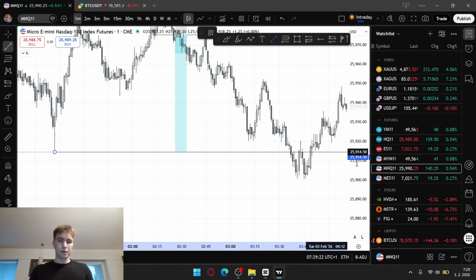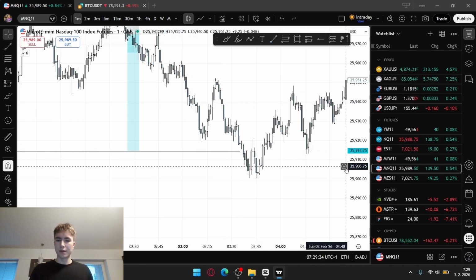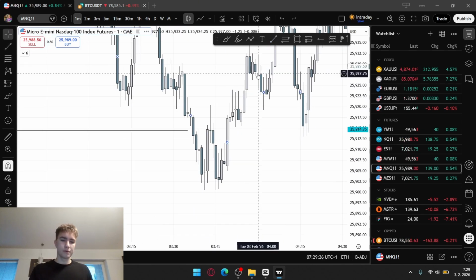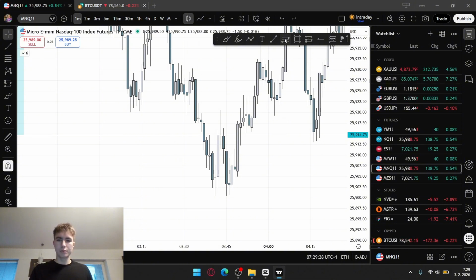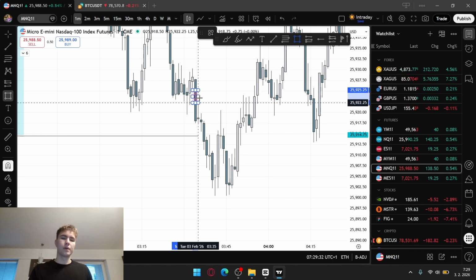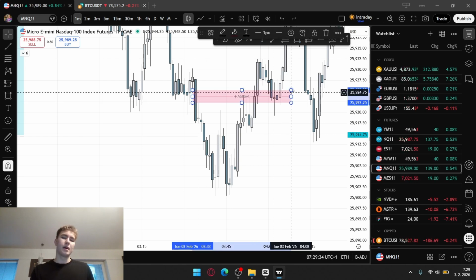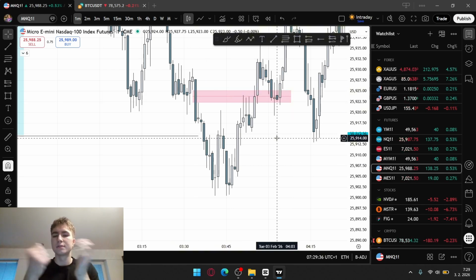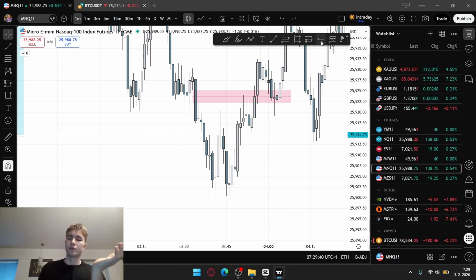So, another example. We can see that we swept the sell side, we scale down to the 1 minute, and what do we see here? The latest fair value gap is all the way up here. And I would not take this fair value gap as an entry because it's just too late and you would get a bad risk to reward ratio.